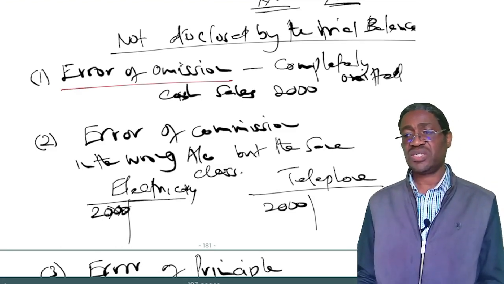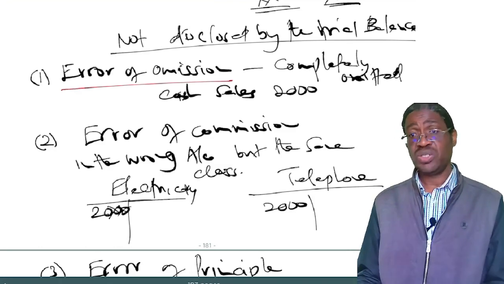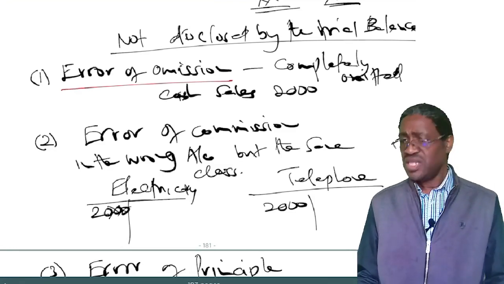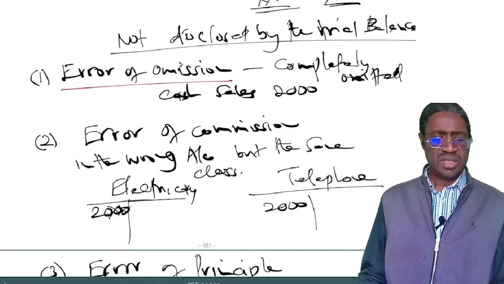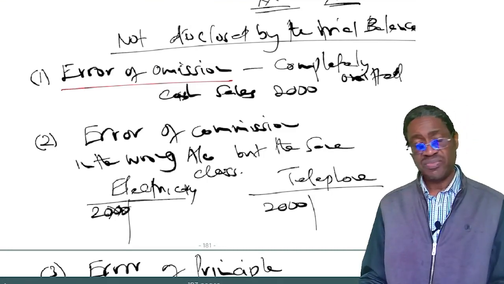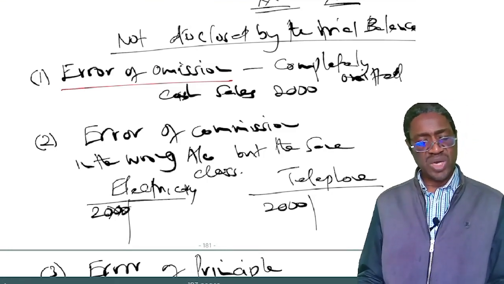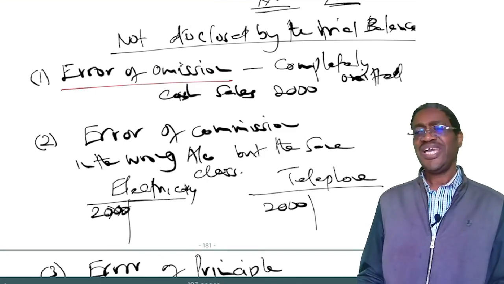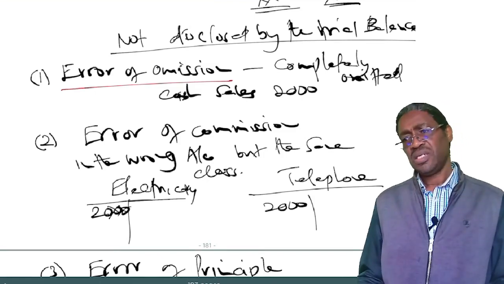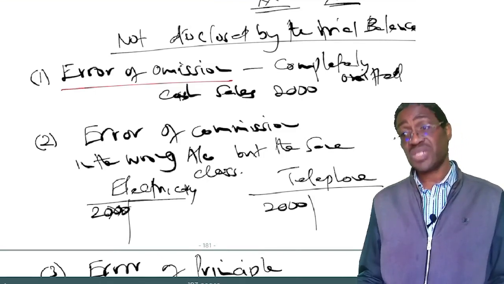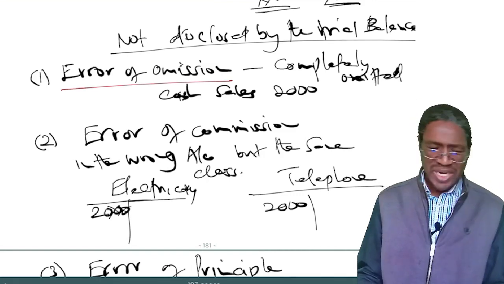Then you say this, error of omission. This occurs where a transaction is completely omitted.